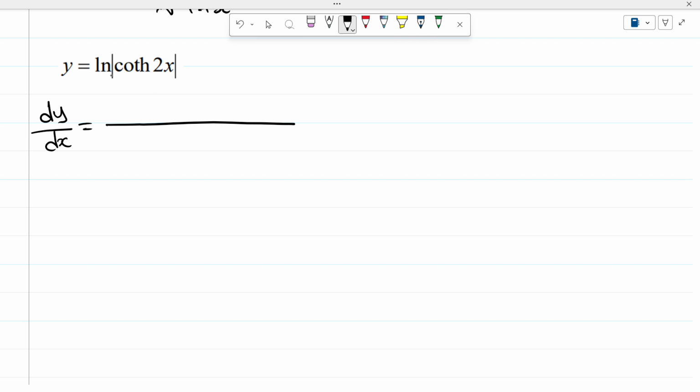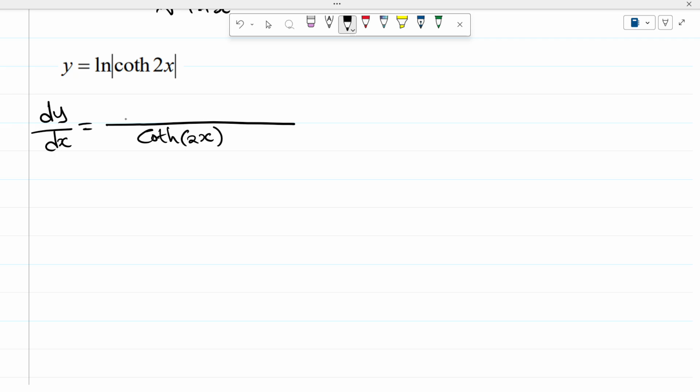Since we are differentiating a natural log there, we should just know that we're going to put a fraction, and then on our denominator we just copy the argument that is given to us. So we are given hyperbolic cosech of 2x there, and on my numerator I'm supposed to differentiate that argument.